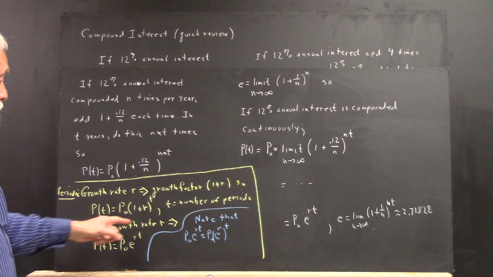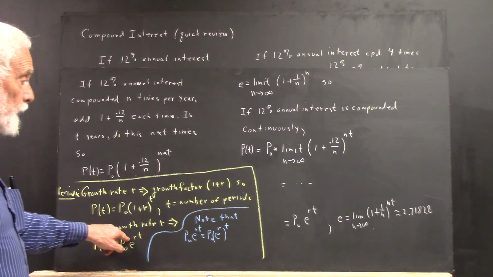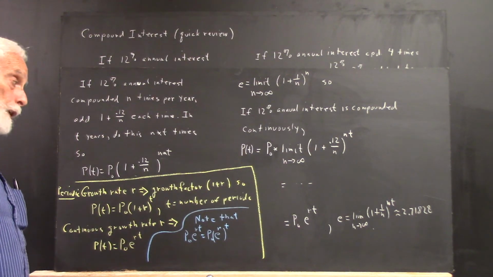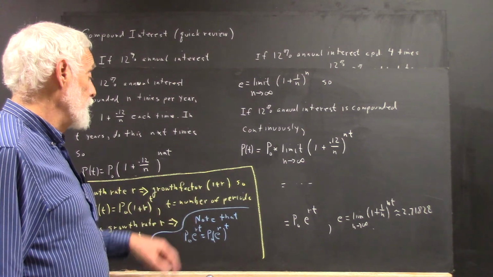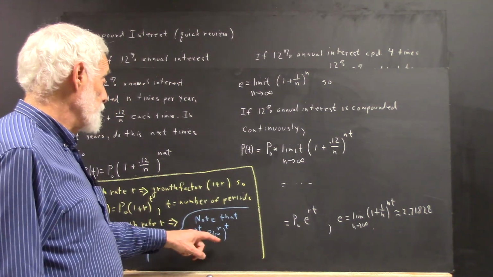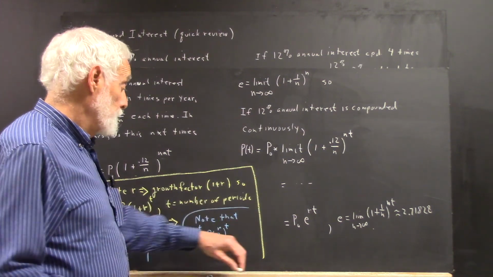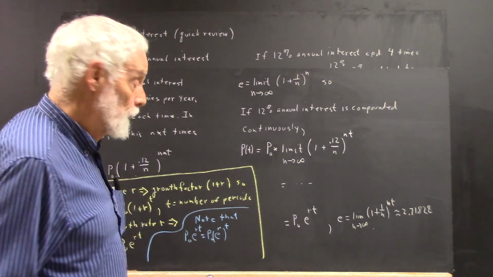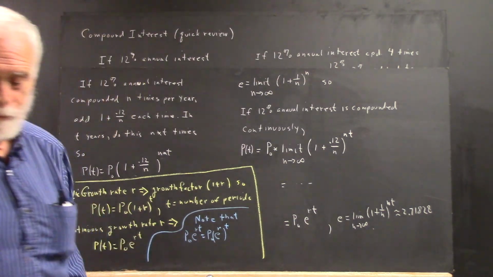If you have continuous growth rate r, then you get P of t equals P naught e to the rt, as we say here. And also you might want to store it away. It's worth writing down and putting in your notebook. That P naught times e to the rt, just by the laws of exponents, e to the rt can be written as e to the r raised to the t. And I hope everybody is pretty well established on the laws of exponents by now, more than halfway through a pre-calculus course. Okay, there we have it.